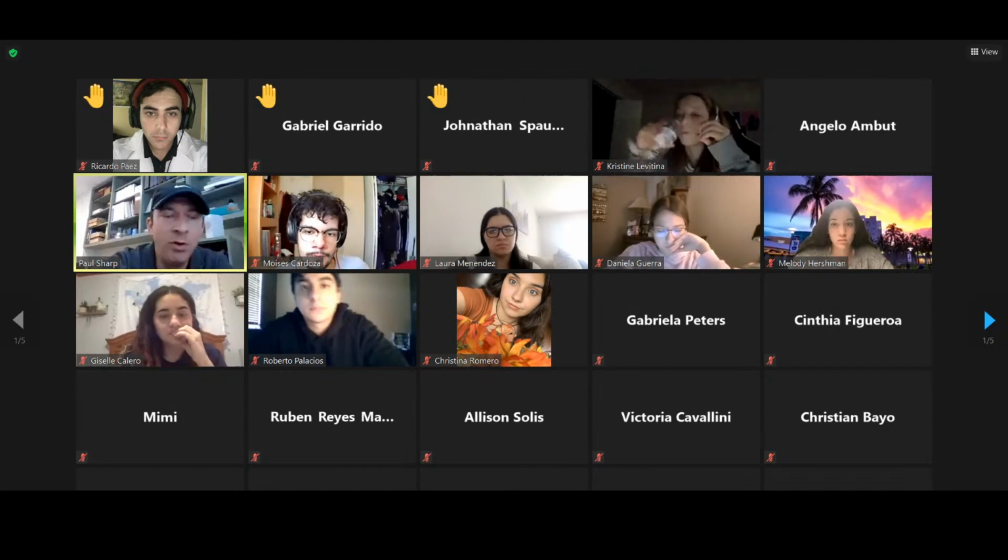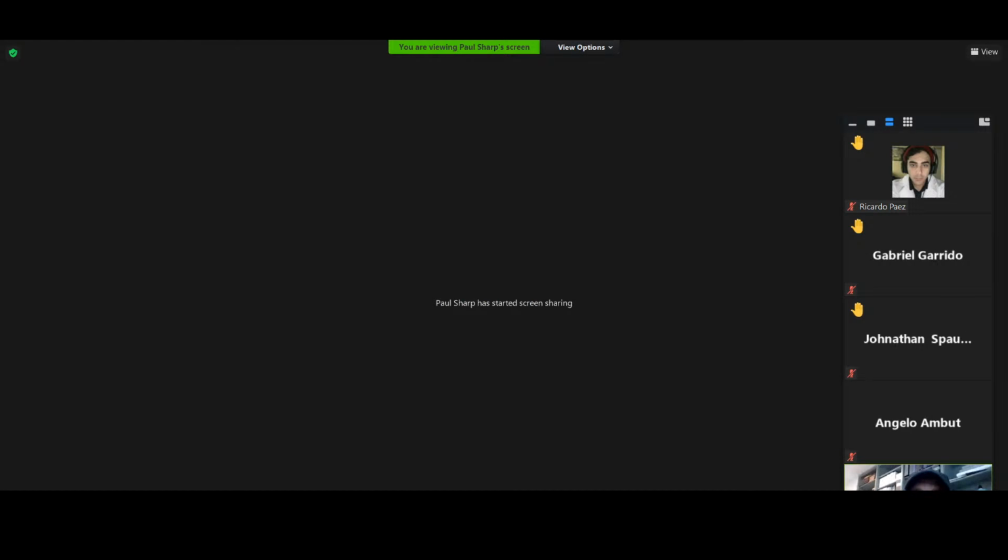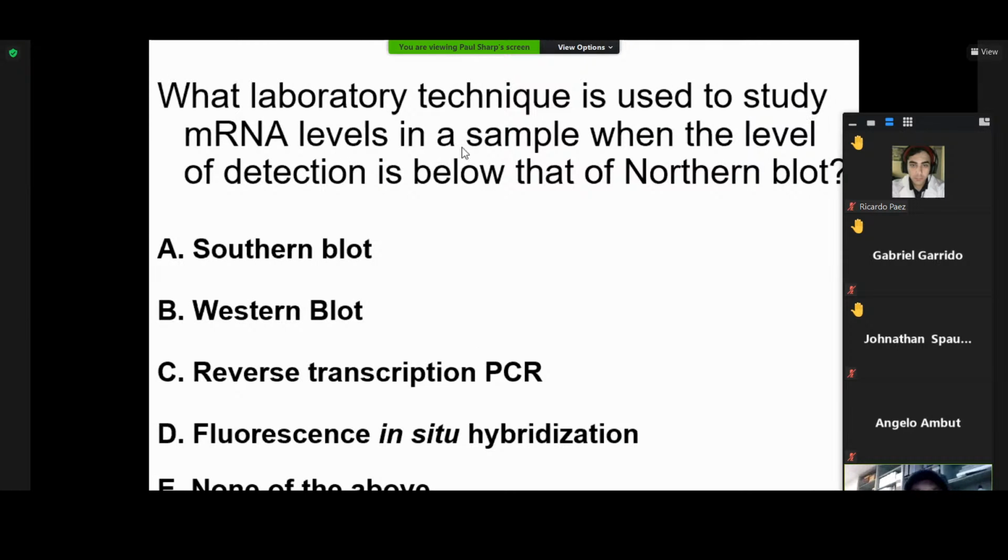So let's go back over here and take a look. What laboratory technique is used to study mRNA levels in a sample when the level of detection is below that of northern blot? Reverse transcription PCR. What that involves is taking the mRNA that you do have from your biopsy, doing reverse transcription PCR to make cDNA out of whatever mRNA you have, and then performing PCR utilizing a forward and reverse primer for your gene of interest.